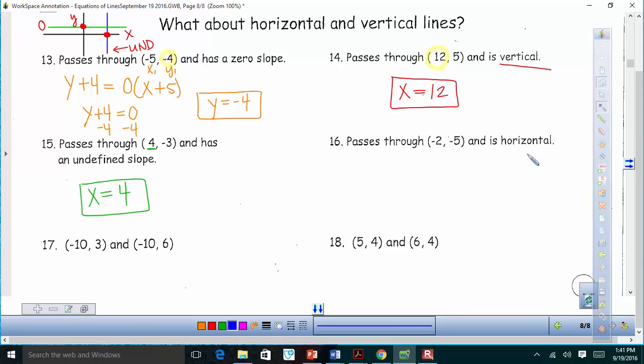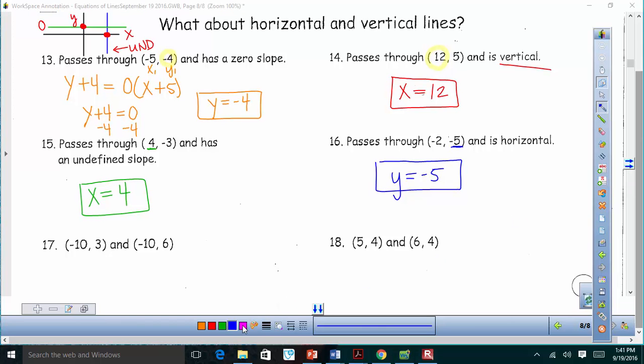So what letter is that? Y. And what would y equal? Negative 5. Very good. Are there any questions on those so far? Those are my favorite type of equations. What about y'all? They're easy.